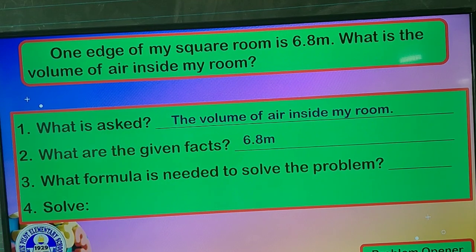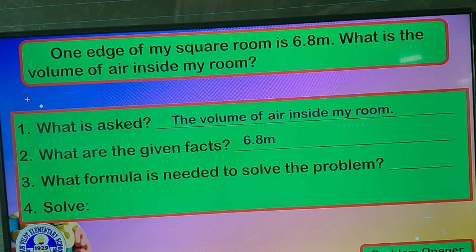So therefore, the solid figure being described in our problem is a cube. So what formula is needed to solve the problem? We are going to use the formula V equals S times S times S. Then, you are going to solve.